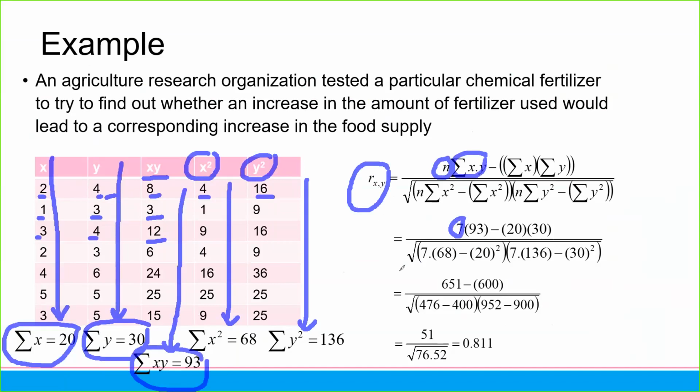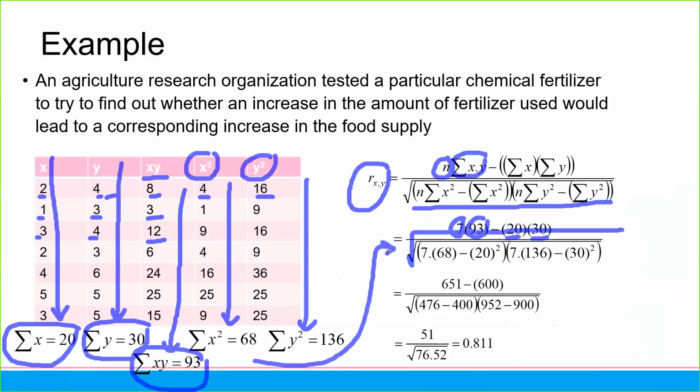Summation of xy is 93, minus summation of x multiplied by summation of y. And then divided by the square root of this one. So you can put all those numbers into this. And after that, you will find the R value is 0.811.